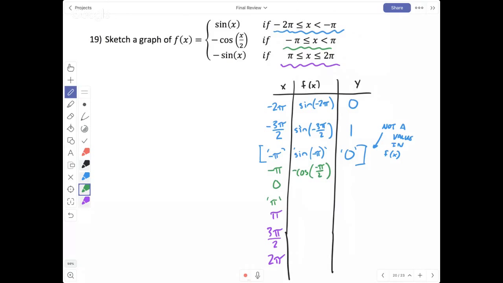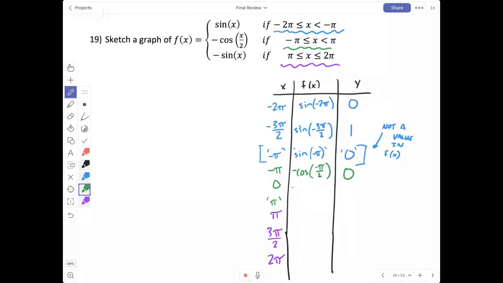Now, the cosine of negative pi over 2, just like the cosine of pi over 2, is 0, and negative 0 is 0. So look at this. If I had plugged negative pi into the blue function, I would have got 0. And when I actually plug negative pi into the green part, I still get 0. So negative pi, 0 is a point on the graph. Even though this negative pi, 0 didn't exist, negative pi, 0 still is going to exist on f of x.